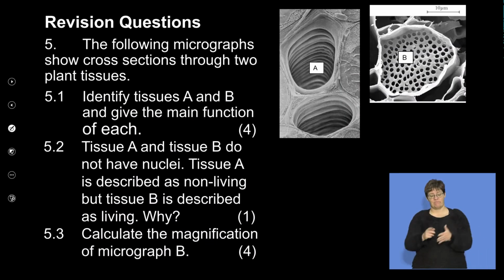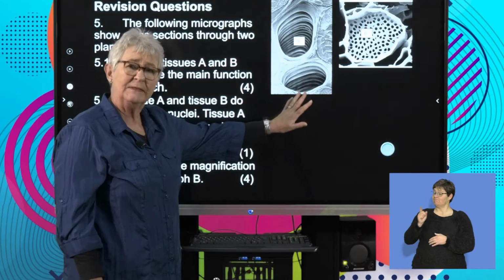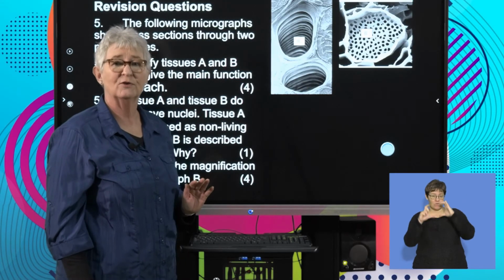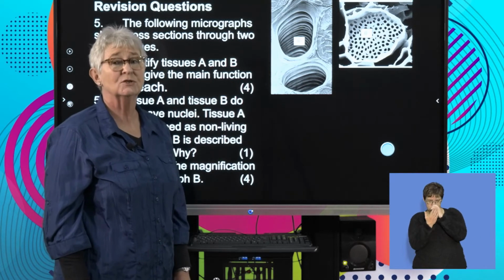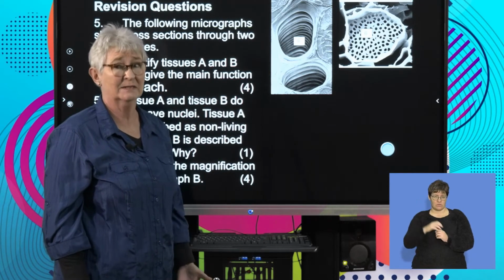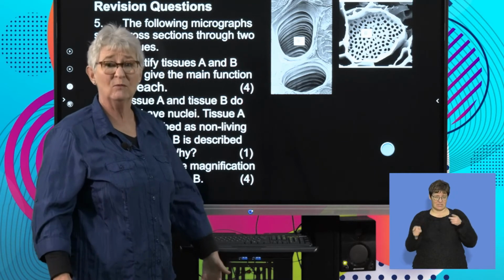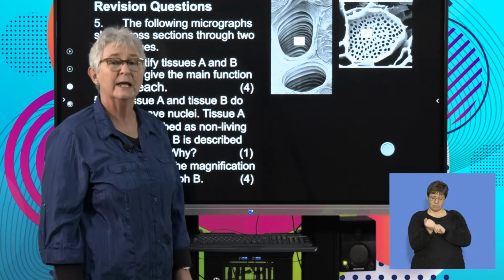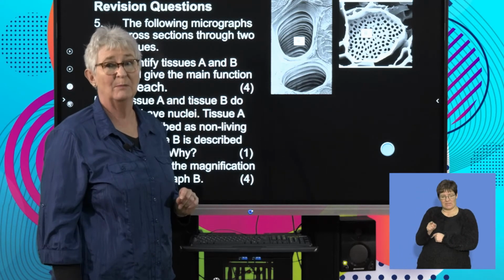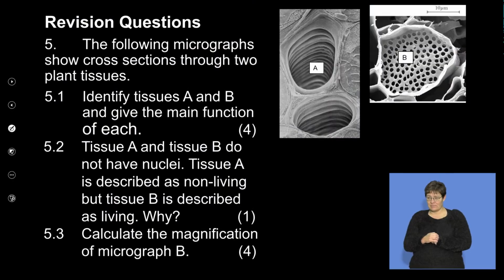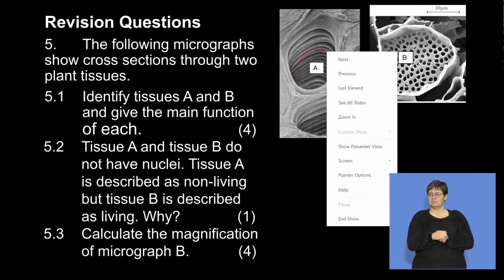Next question. Oh, these photographs are actually photographs taken under an electron microscope, and they look quite different to photographs taken under a light microscope. But whatever way the photographs are taken, you need to look for what tells me what type of tissue this is. And of course, for number A, it's a big hole.